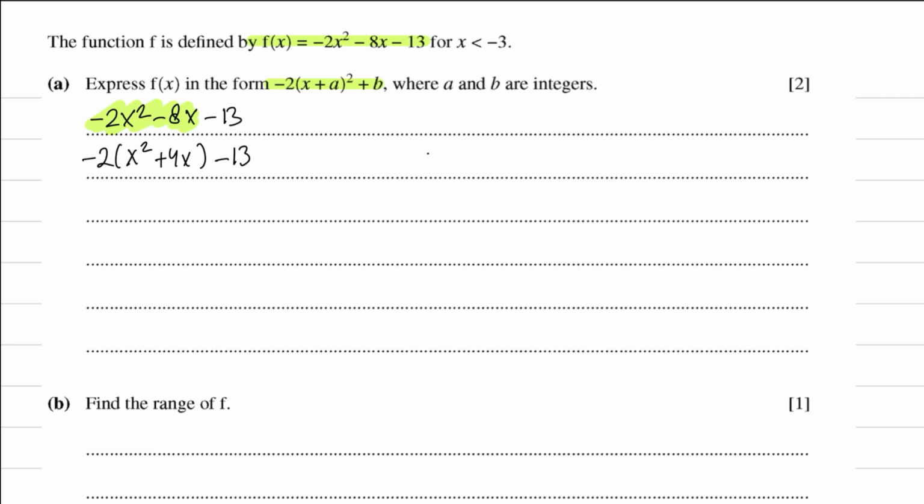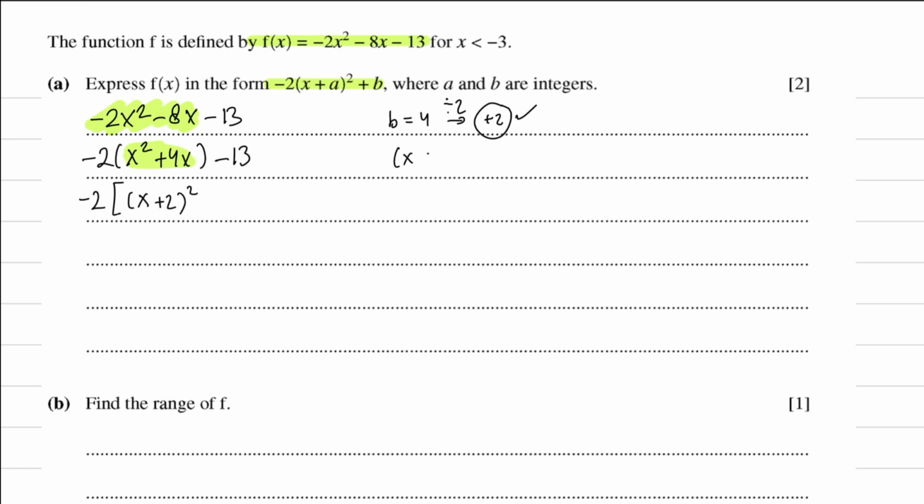Now from here, we just do the completed square method. We just care about what's inside the bracket here. So our b value from that is b equals 4. We divide by 2 to get +2. And after that, we put a square bracket and then we put our x and our value here, +2, and we square it.